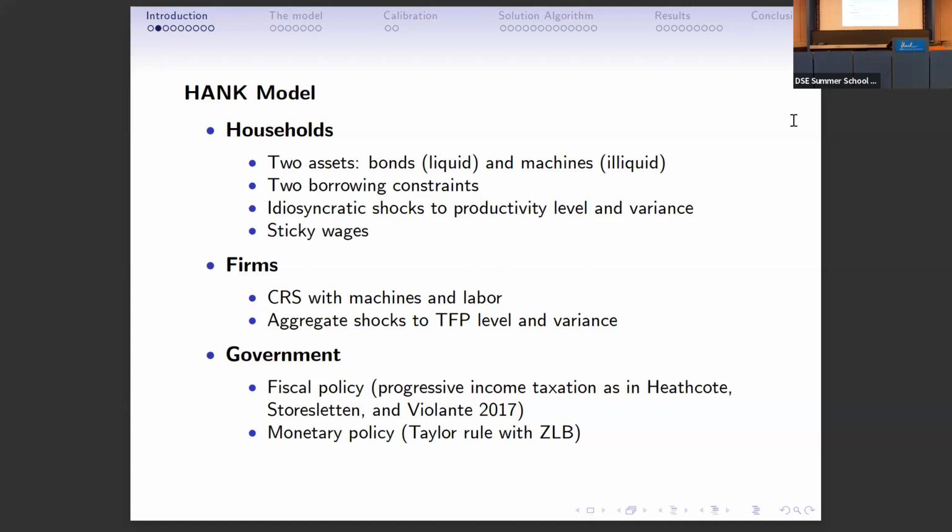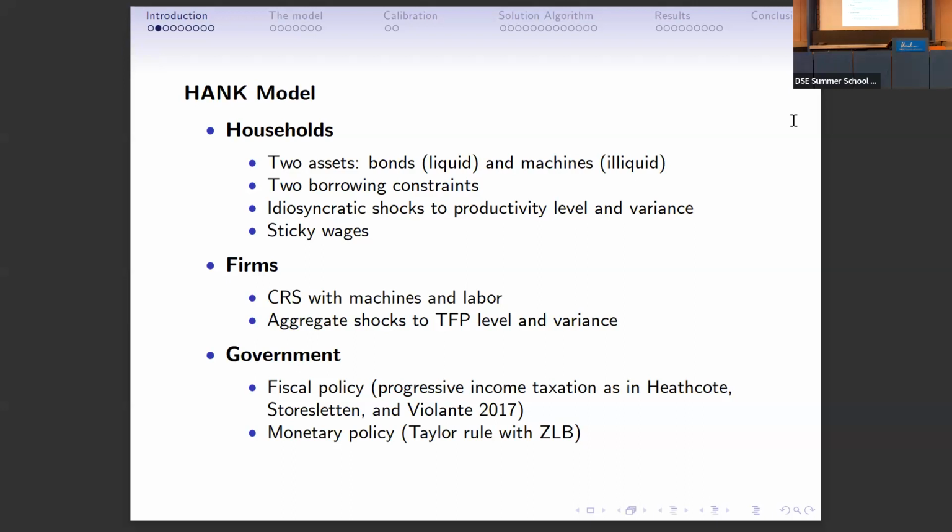Then at the firm side, we assume constant returns to scale with machines and labor, and then aggregate shocks to TFP level and variance. So we model symmetrically the household sector and production sector in terms of uncertainty. So there will be many shocks, right?